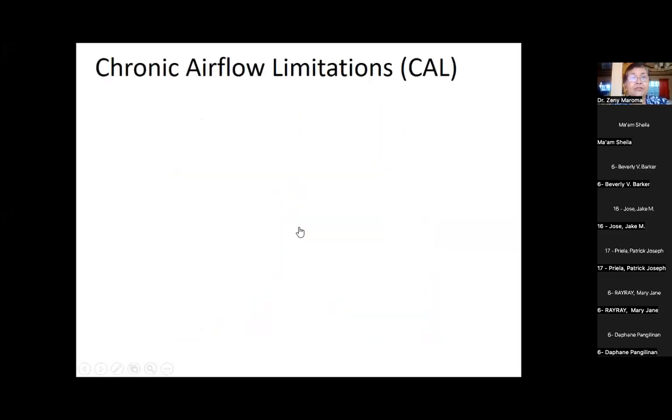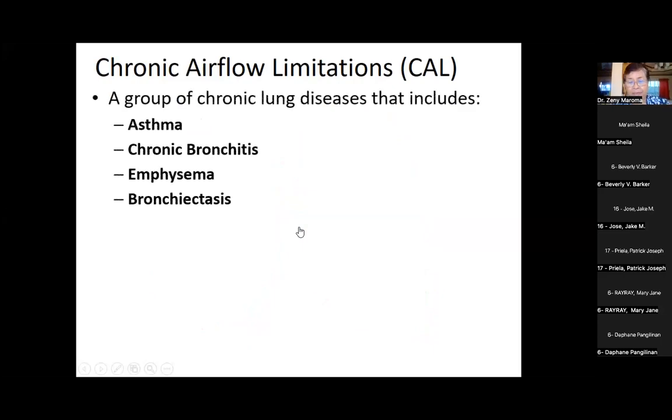Okay. So, we call this CAL, chronic airflow limitation. A group of chronic lung diseases that includes bronchial asthma, chronic bronchitis, emphysema, and bronchiectasis. Okay. So the new name is CAL.